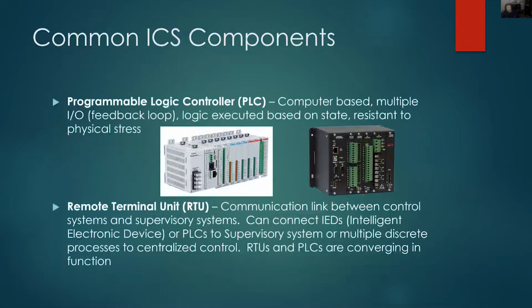Some of the common components that you'll find in industrial control systems are programmable logic controllers, which are the white box. They are a computer-based modular system. You can plug in multiple types of input and output modules. They read the values.